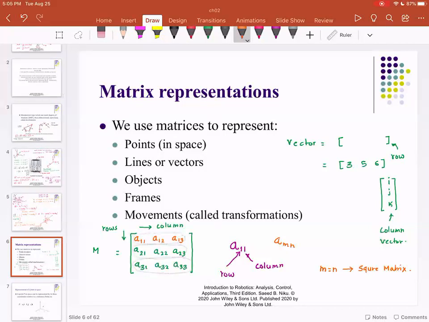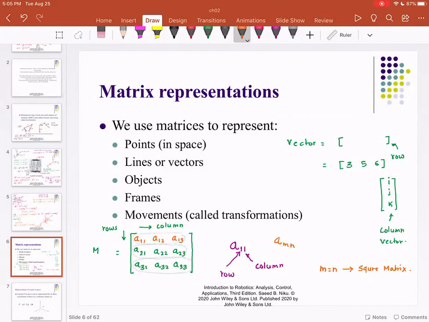Most of you might have studied some basic linear algebra. We can perform some algebraic manipulations and try to solve equations using matrix manipulation. So in robotics, we can use matrices to represent a point in space, a particular point in three-dimensional space.